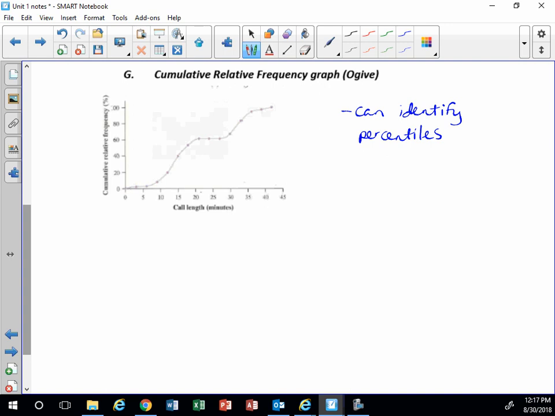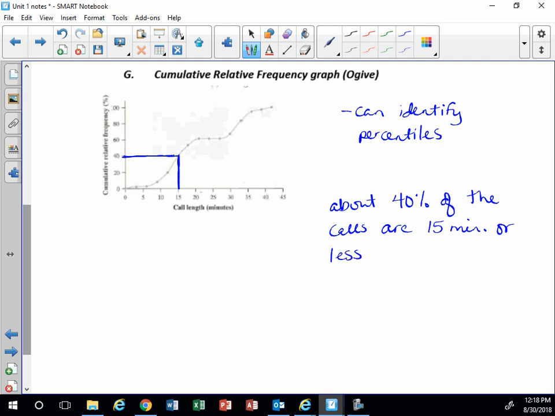So what I'm talking about with that, if I look at the 15-minute call length here, I'm looking at that one. If I go over to the left, it looks about like 40, right? It's close. Okay. What that means is that about 40% of the calls are 15 minutes or less in length, okay?